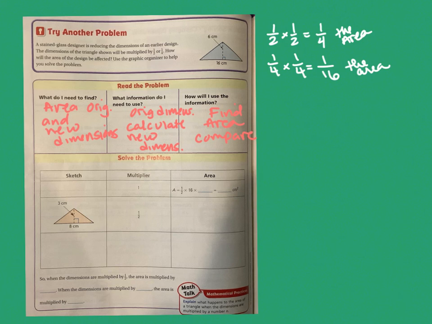So let's take a look at what the actual area of the shape before we do any reduction comes out to be. So again, area equals 1/2 times the base, which is 16, times the height, which is 6. Well, half of 16 is pretty easy to do. Half of 16 is 8.